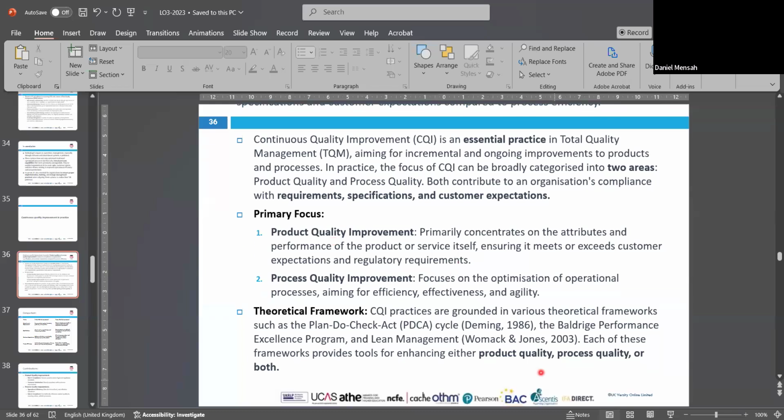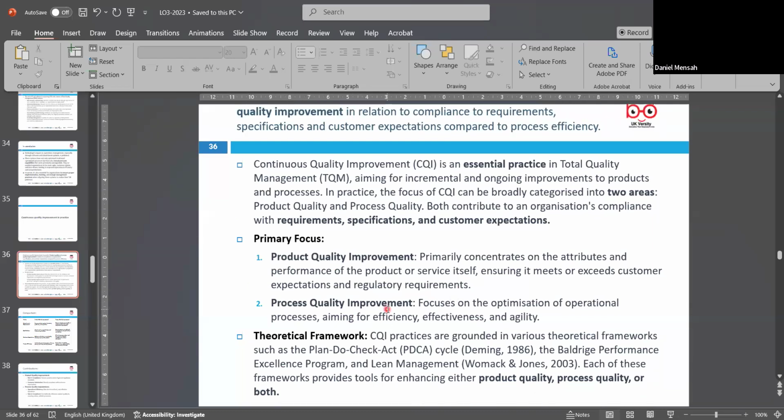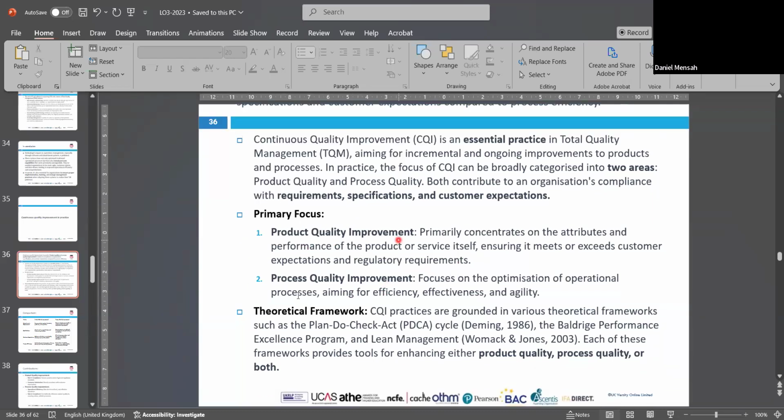So if we talk about product quality improvement and process quality improvement, they are embedded in the PDCA cycle, performance excellence programs and lean management, where lean is working toward reducing waste, and PDCA is focusing on reducing the errors in your processes.